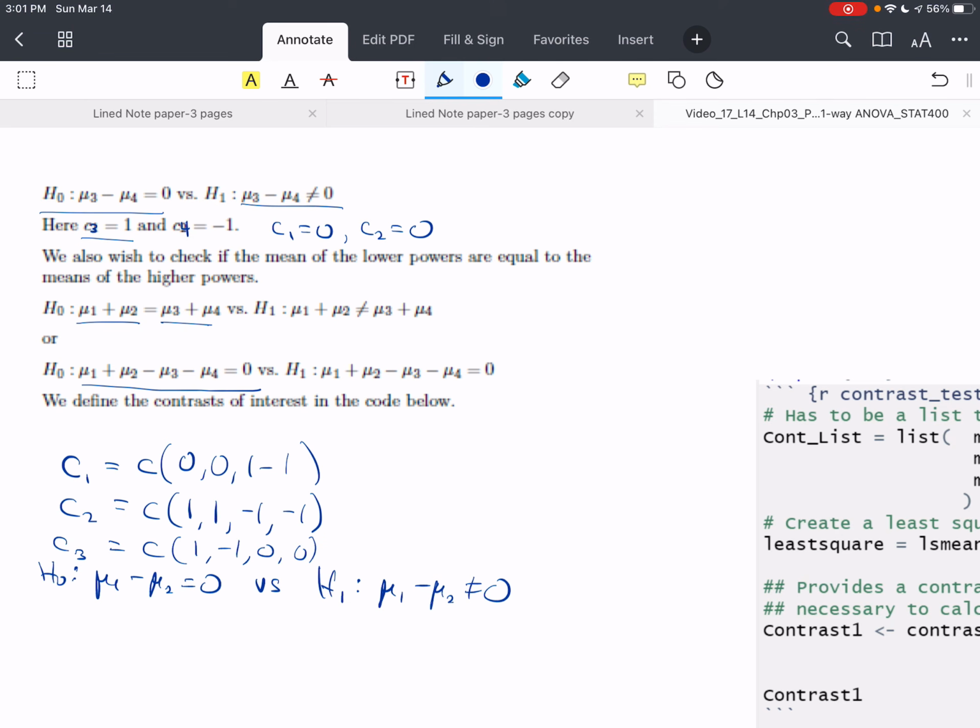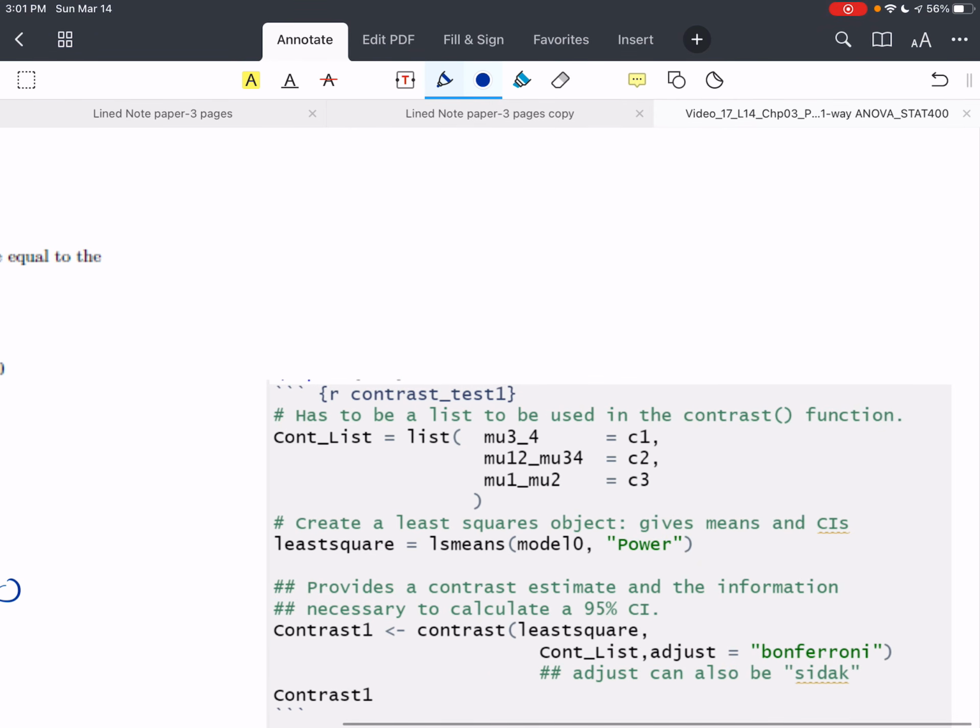And so we define these as our contrasts, C1, C2, C3, and then we create this list called cont list, a list of mu3_mu4 is equal to C1, mu1_2 minus mu3_4, it's really an underscore, is C2, and mu1_mu2 is C3. Okay.